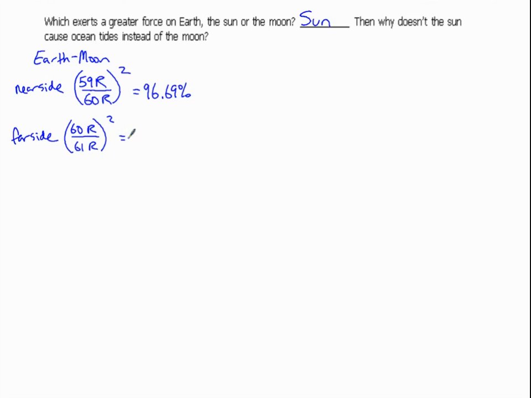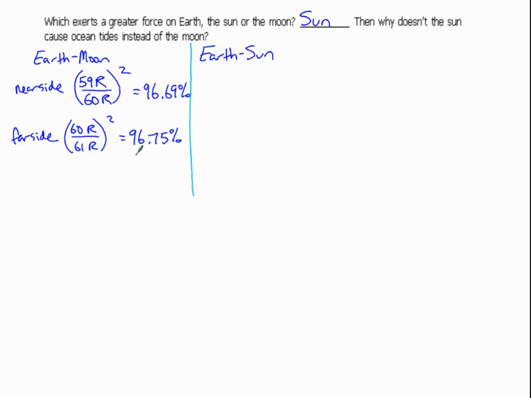And we're talking about 96.75%. So these are the numbers of how the gravity relates as far as the moon with the closer side versus the far side. But to make things maybe make a little bit more sense, let's compare the Earth-Sun relationship. Because here we see that the near side could experience 3% more and the far side 3%. There's a big variation here.